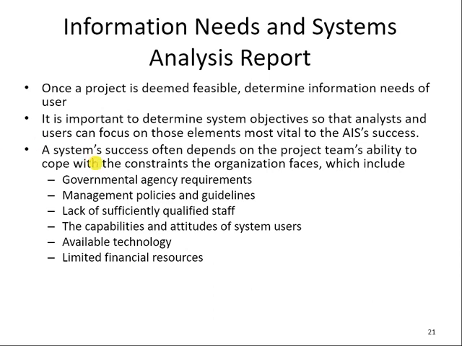A system's success often depends on the project team's ability to cope with the constraints the organization faces. So what are those constraints when we design the systems? We have the government agency requirements, management policies and guidelines. All these are the constraints.